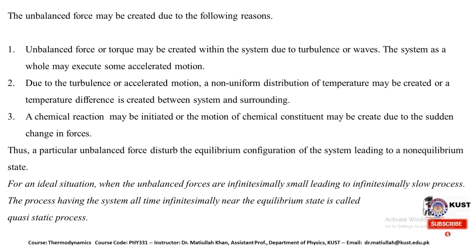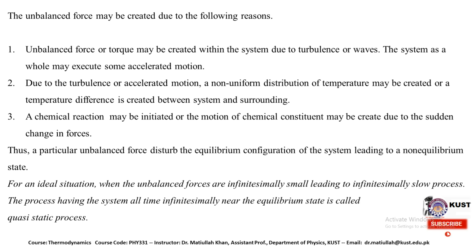For an ideal situation, if we consider that the unbalanced forces are infinitesimally small, leading to an infinitesimally slow process, then this process, having the system all the time infinitesimally near the equilibrium state, is called a quasi-static process. Actually, the quasi-static process is an ideal process where the system is considered all the time in equilibrium configuration.